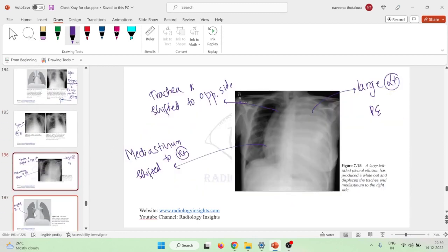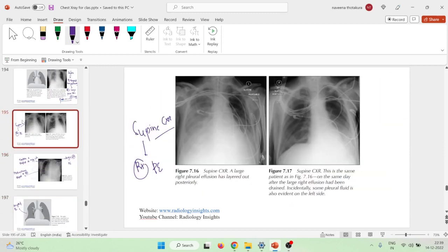Similarly, if the patient is on intensive care therapy, in intensive care also the patient will be in supine position, number one, and sometimes you can also see some effusion with consolidation.